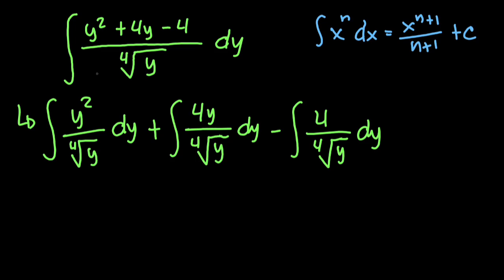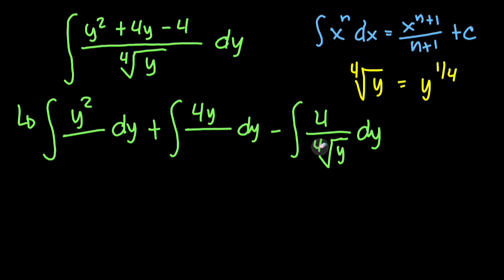So we can see here we are dealing with a root. What we're going to do first is convert this into its exponential form. Know that the fourth root of y is equal to y raised to the power of 1 over 4. By rewriting this, we would have y over y to the power of 1/4.